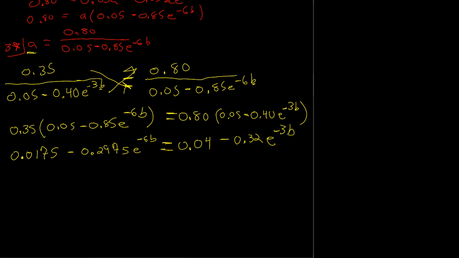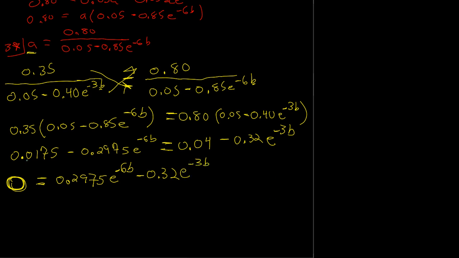I'm going to bring everything over to the left hand side. So I'm going to subtract everything from the right hand side. So this is going to be 0. I'll subtract everything from here, and I'm going to bring everything over to the left. So I get 0.2975 e to the negative 6b minus 0.32 e to the negative 3b, because that's already over there.